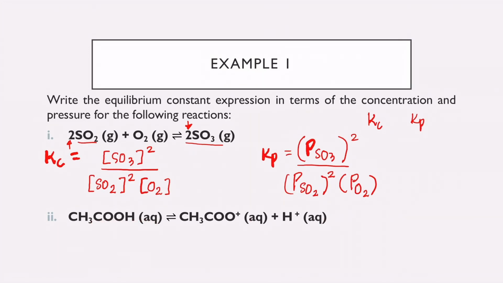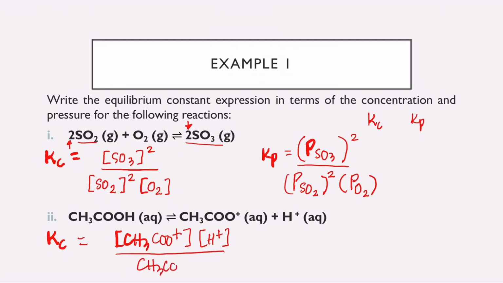So in aqueous phase, that means you will not have Kp, you only have Kc, right? So how to write that down? Your products, you have ethanoate ion, CH3COO-, concentration, and then you have H+, over CH3COOH. Alright, so that's your Kc, okay, no Kp.